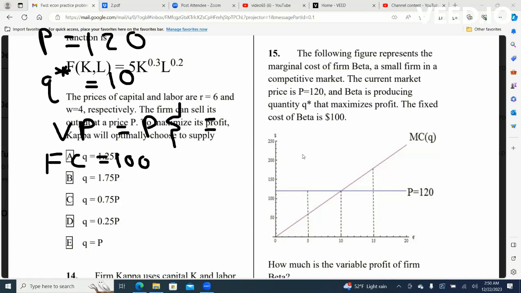The triangle we just shaded is 120 times 10 divided by 2, which equals 600. Don't forget how to do the area of a triangle.